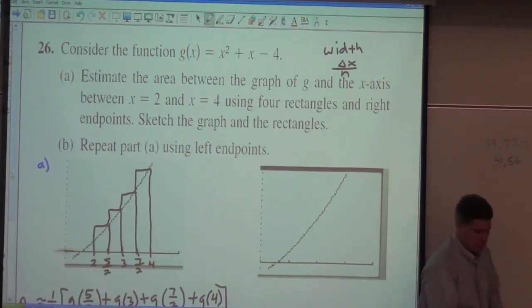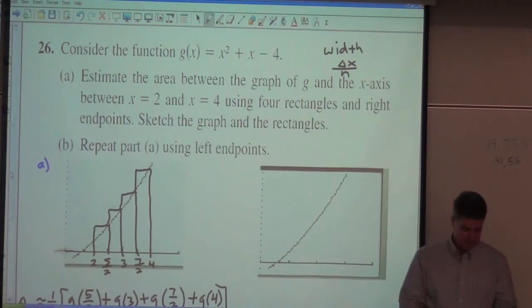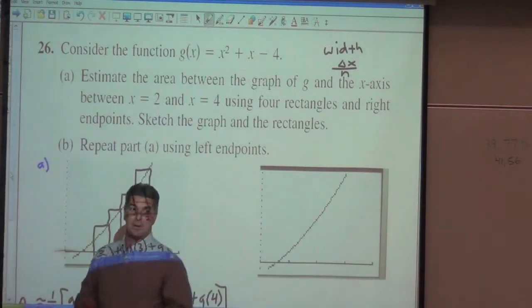So 49 fourths plus 14 fourths minus 16 fourths. This would be negative 2 fourths, 49 minus 2, 47 fourths. I can do it, it would just take me forever.